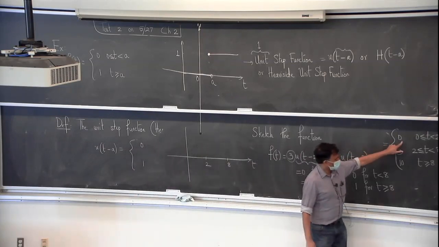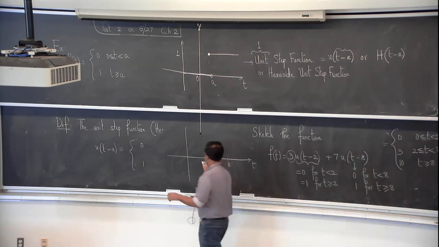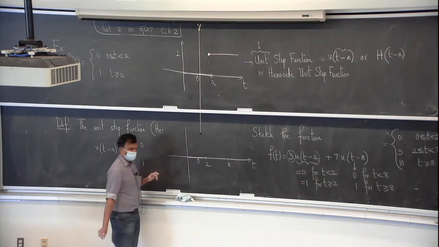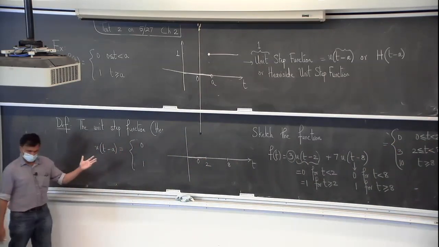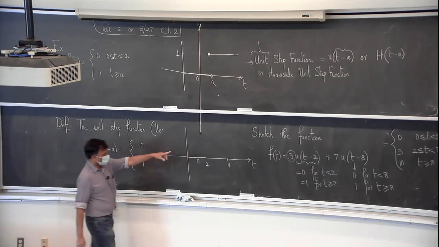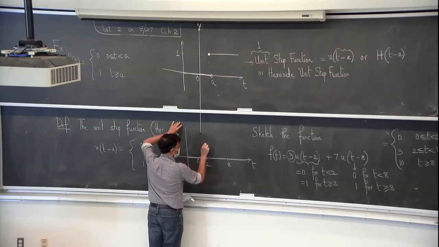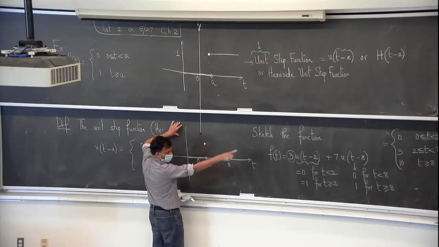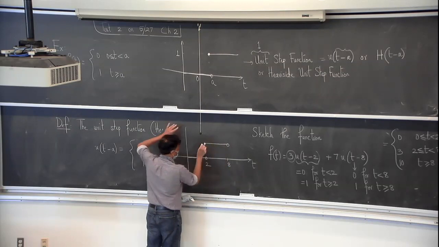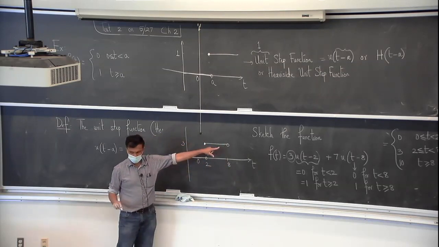No switches are on till you reach t equal to 2. So this is 0 here. You don't have to write 0 there, but there is a line there. Then between 2 and 8, it has strength 3. So this is a hollow circle here and a solid circle here, because of the equality sign on the left side, and that is of strength 3. That's a step there.